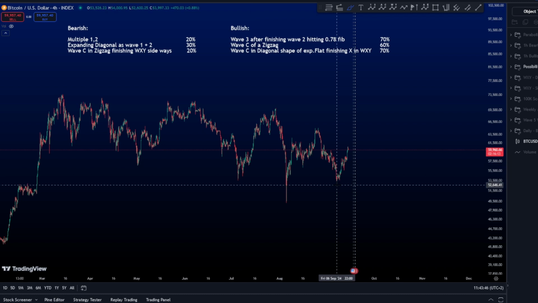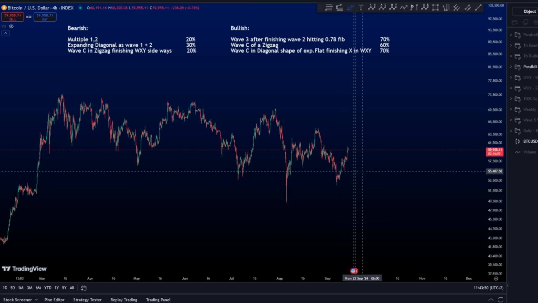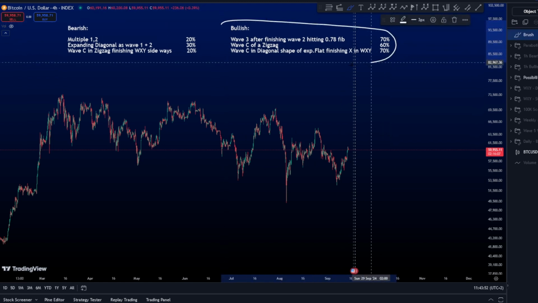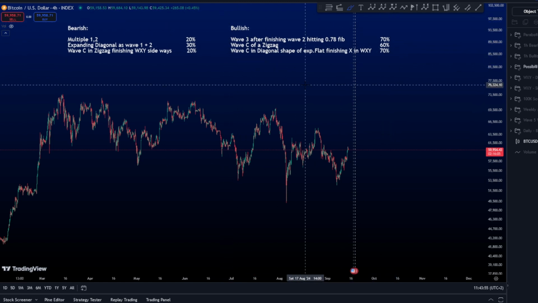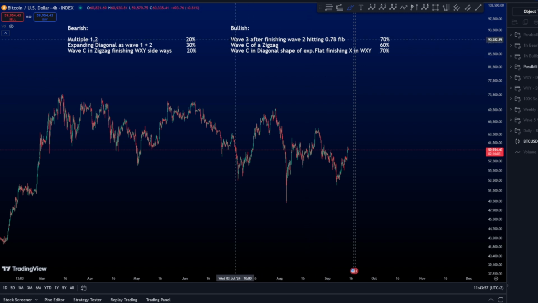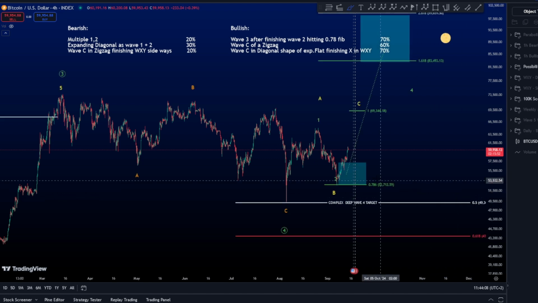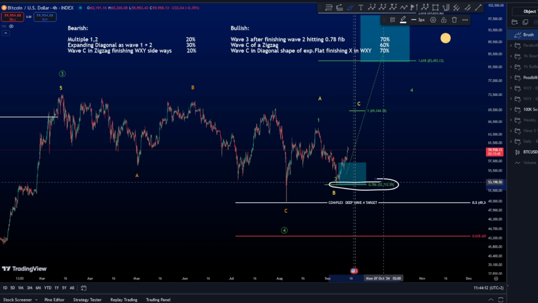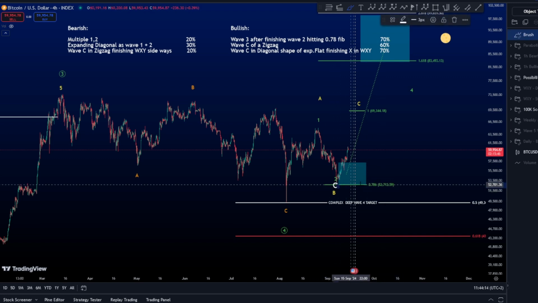So as you can see, this week we have seen a very bullish one, right? A very bullish week, which is complying exactly with our scenario here, where we said, okay, we want to see a wave 3 after hitting the 0.78. And what I mean by this is, when we look at our 100K scenario, we have hit exactly the 0.786, right?